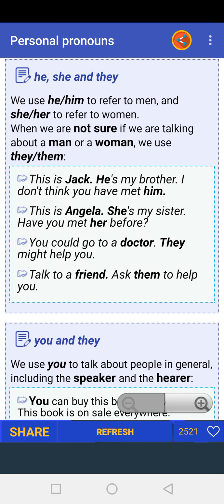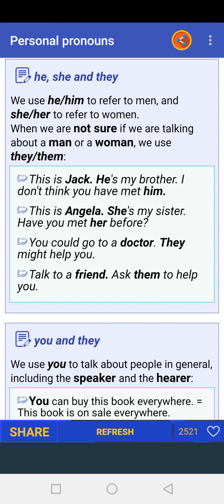He, she, and they. We use he, him to refer to men, and she, her to refer to women. When we are not sure if we are talking about a man or a woman, we use they and them.